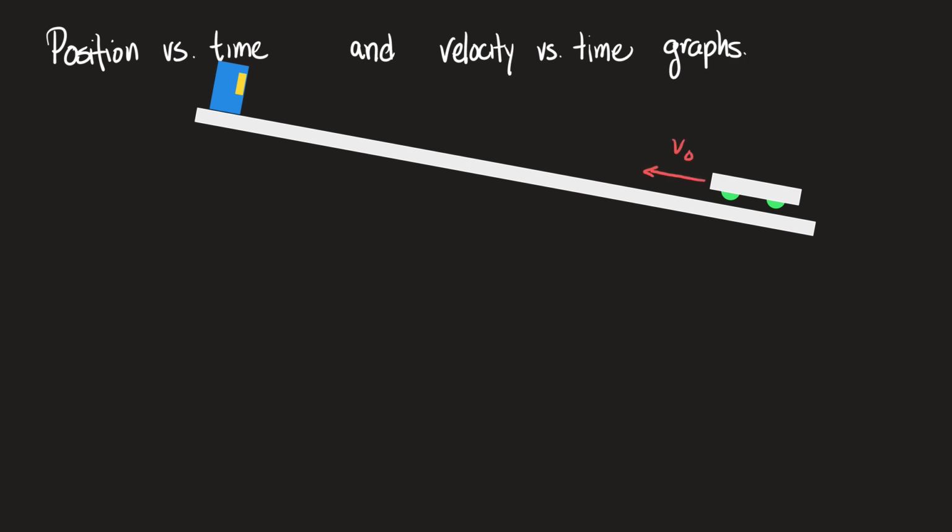That's the initial velocity of the car. But the car is going to travel from the bottom of the track all the way to a point just before the detector where the car has a velocity that is 0. So this location, remember the detector, is the positive direction. So this location right here is where the car starts.